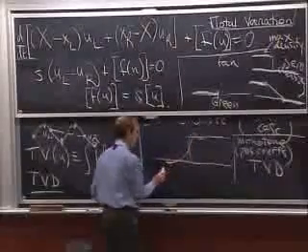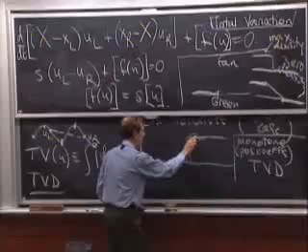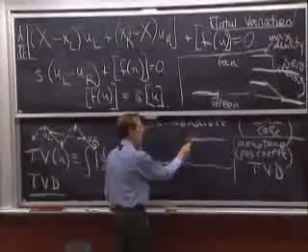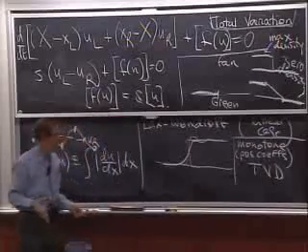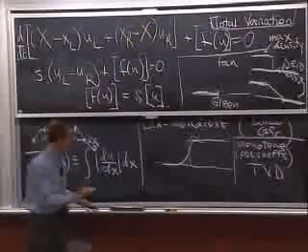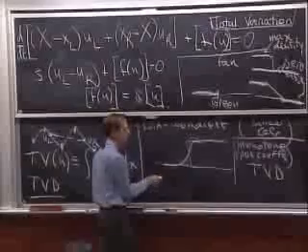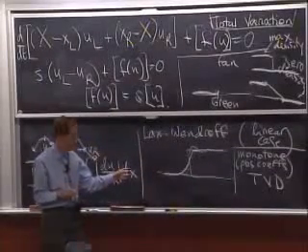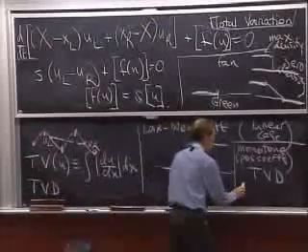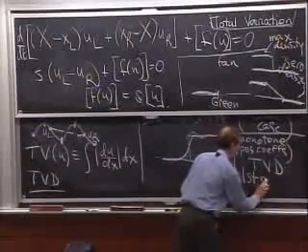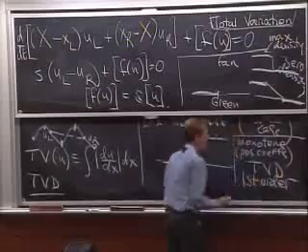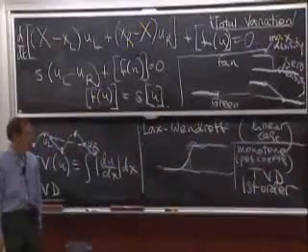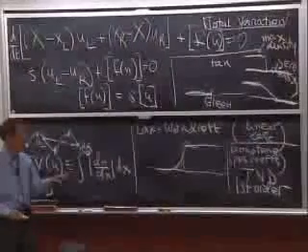Upwind will be our model. So let me draw the upwind one. The upwind one didn't increase the variation. It stayed at 1. We had no oscillations, but it was low accuracy. So first order. We can't do better than first order accuracy.